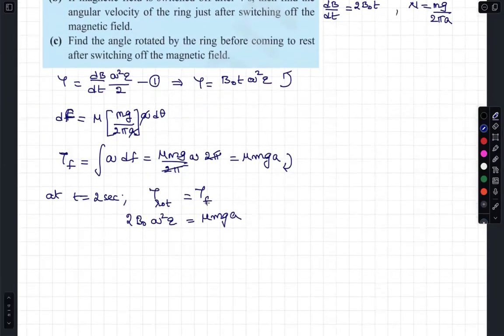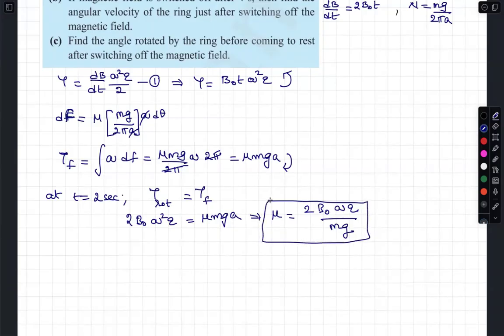The friction coefficient. Yes, I have the value of friction coefficient. From this, mu is 2B naught a q by mg. That's the deal. The first part of the question is done.